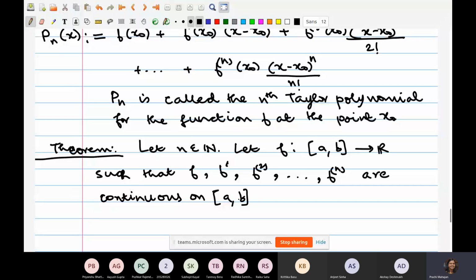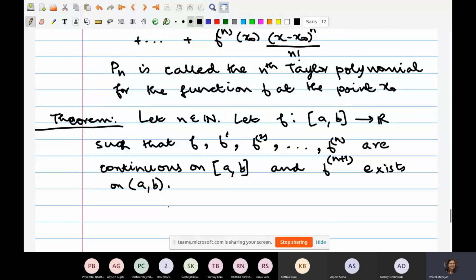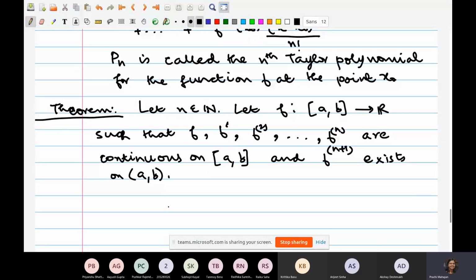So all derivatives of the function f up to order n exist and are continuous on the interval [a, b]. And what about the (n+1)th derivative? The (n+1)th derivative exists on the open interval (a, b). The (n+1)th derivative need not be continuous, but what we know is that it exists.